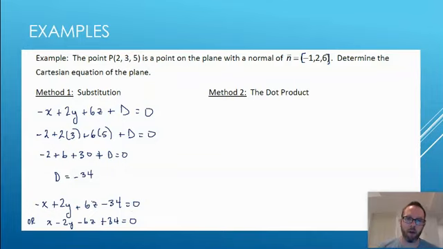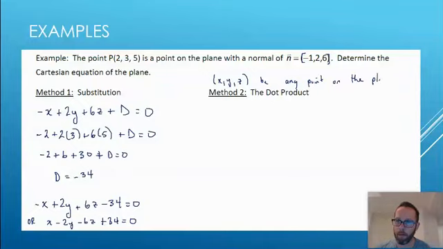So finding the equation of a plane is really easy if you have the normal. It's great. We could also find the same equation by using the dot product. If we let x, y, z be any point on the plane, then we know the vector between this general point and point P will be contained in the plane too.